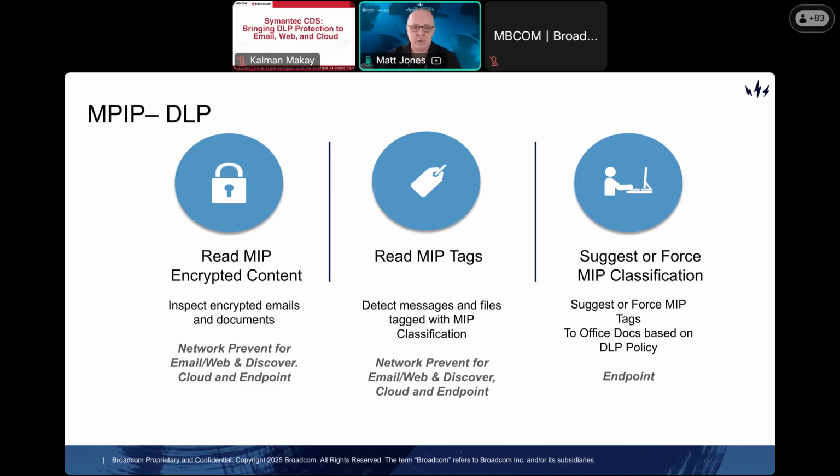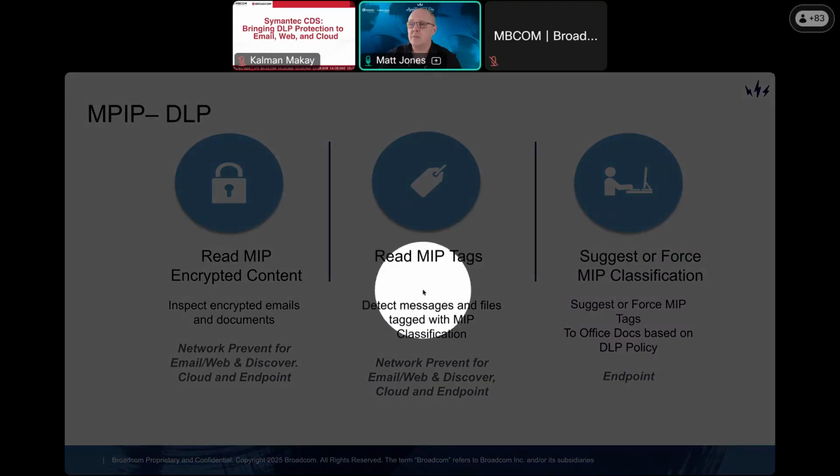Now, this has enabled a lot of customers to turn on that facility, because previously, if someone encrypted a document and sent it out, traditionally we'd be able to say, okay, we've seen an encrypted piece of data go out, but we couldn't actually inspect it. But now with our Purview integration, we can look into that data and then make decisions on it. So as an extra protection, it lets customers use Purview in a bit more of a real world way. So we've always been able to read the MRP tags anyway.